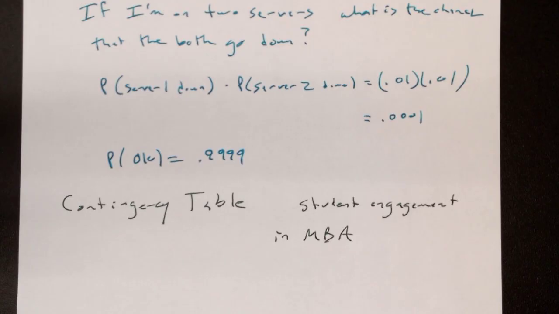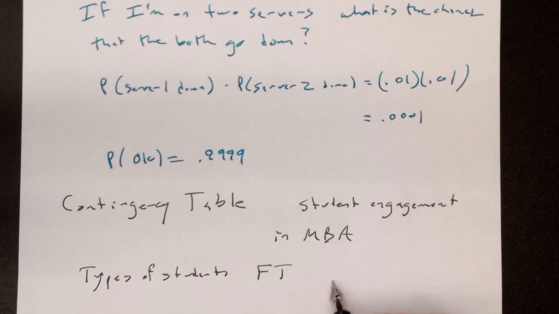And there are 3 different kinds of MBA students, and I'm measuring 3 different levels of engagement. Types of students are full-time, part-time, and those in the executive MBA program. I'll just use those abbreviations.